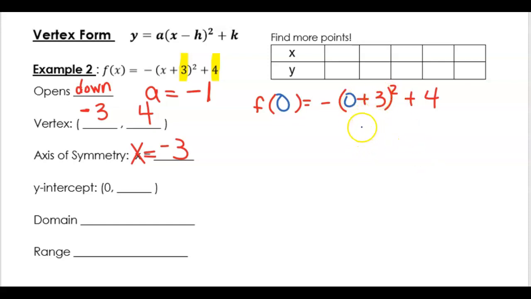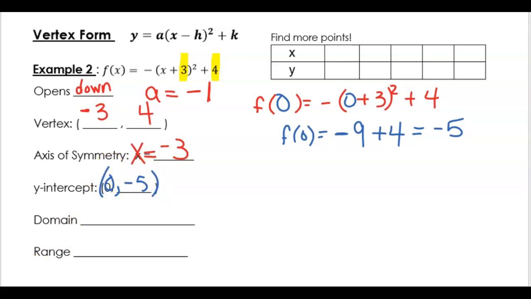So this is 9. This negative sign is out in front of the parentheses. This is the 3 squared, and the negative sign out in front of the parentheses makes that a negative. And so this would be equal to -5. The intercept is 0, -5.